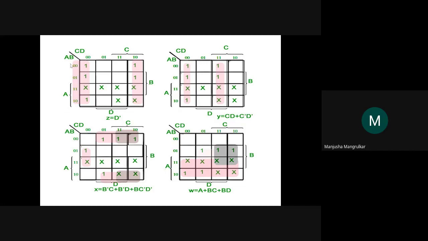If I'm taking this, A and B are changing for all the bits. And comparing these two columns, C is 0 here, C is 1 here. So C is also changing. Only the D complement will be constant 0 0. So Z is equal to D complement.